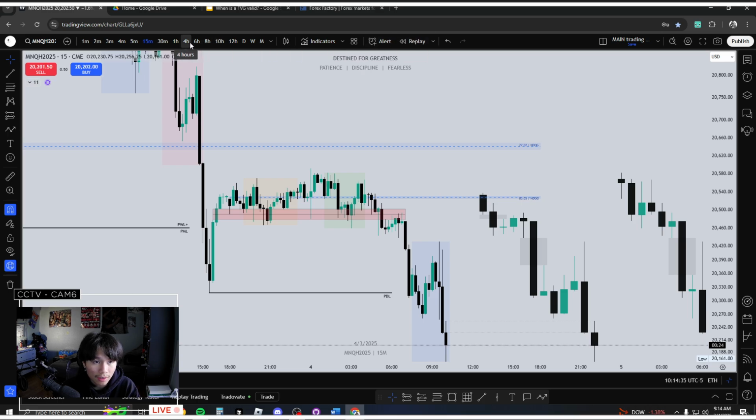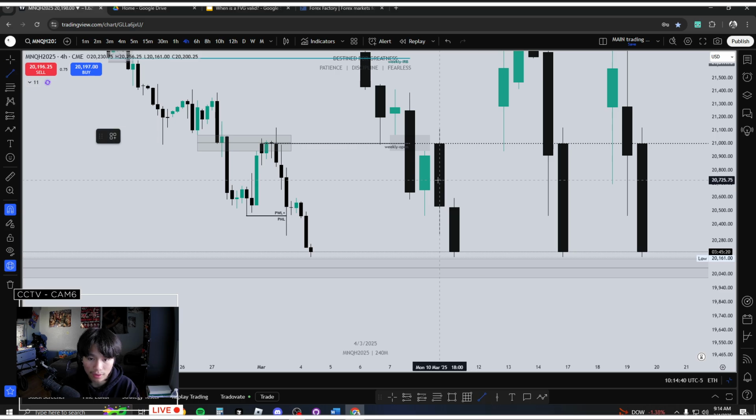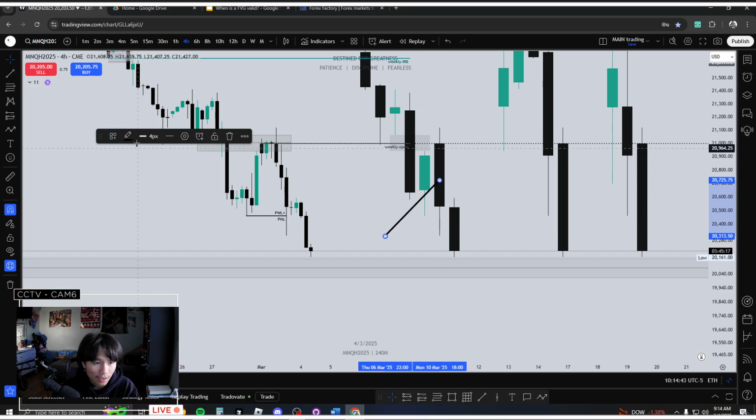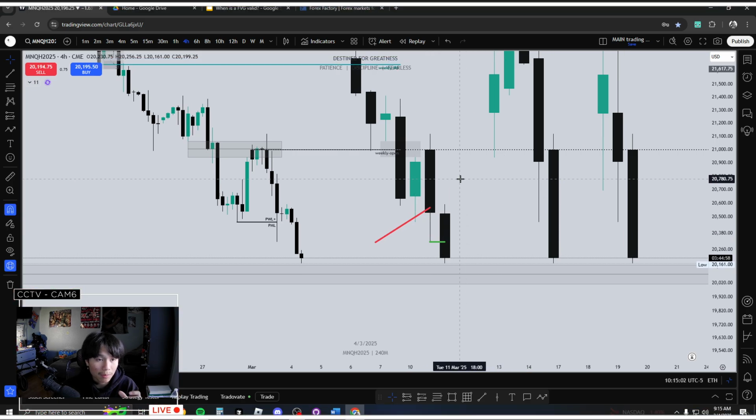Well, the narrative coming into the day was for us to take out the daily low. So take a look at this daily candle here. It's a bearish daily candle. It's giving us the idea that we're most likely going to take out the daily low. So the daily objective, my higher time frame order flow, would be for us to take out the daily low.